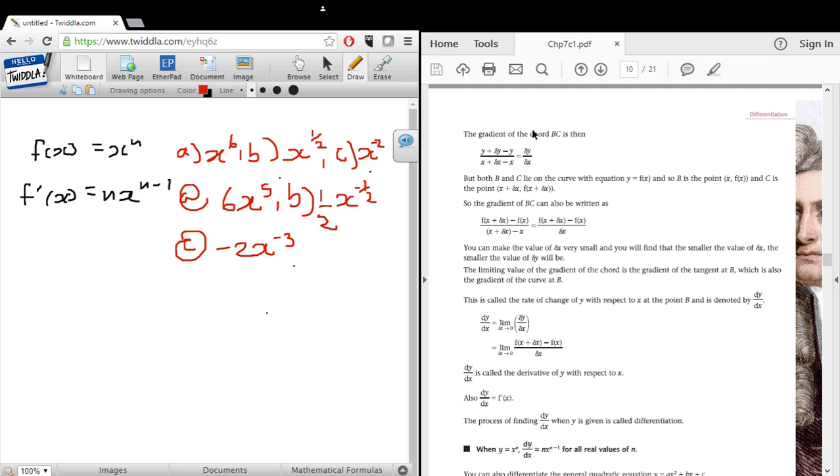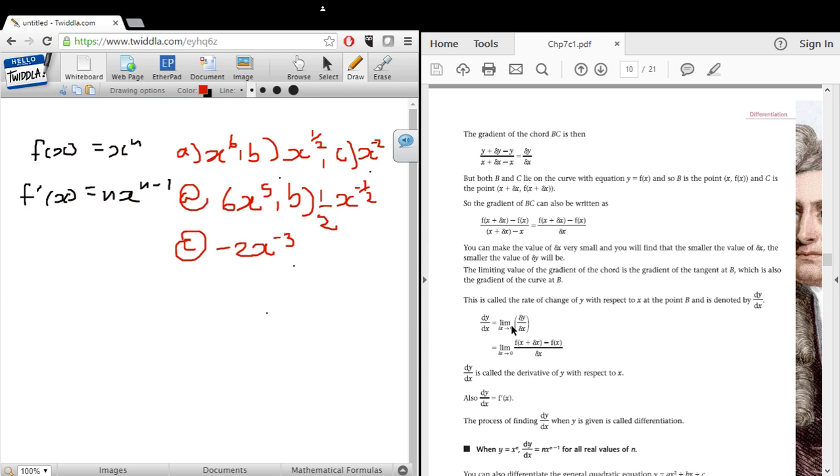The gradient of the chord BC is, so remember, this comes as y2, this is y1, this comes as x2, this is x1. And here you have the gradient. If you read through this, you'll appreciate that this is called the rate of change of y with respect to x at the point B and is denoted by dy/dx.